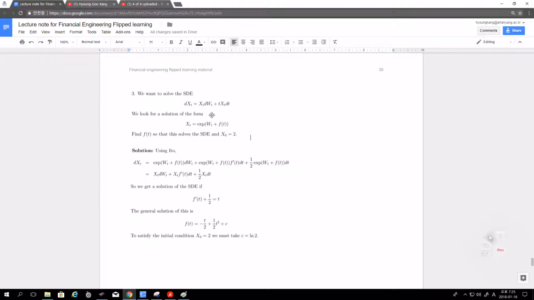Our goal is to find this function f(t), such that the initial condition is 0. So our strategy is to apply Ito's theorem over here, and then we can match terms.